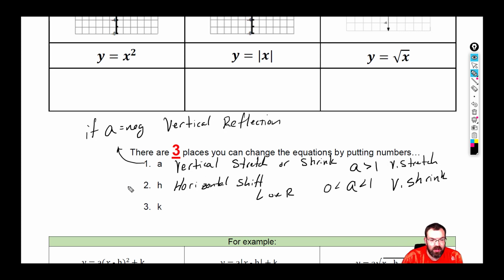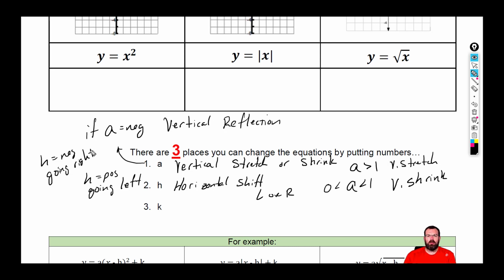And so if h is positive, we've got to think this in our brains right now. If h is positive, I'm actually going left. If h is negative, then I'm going right.